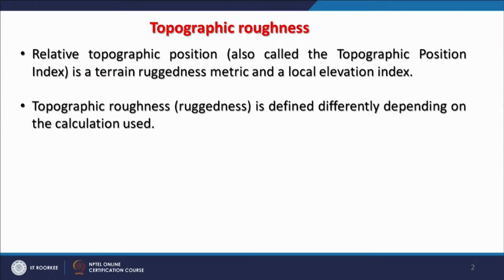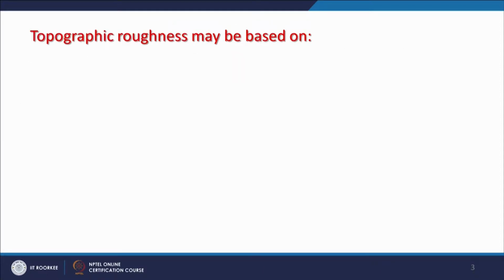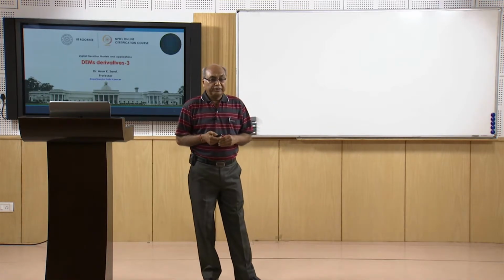Topographic roughness, or ruggedness, is defined differently depending on the calculation used, and the main point here is the scale at which we determine the topographic position index. So TPI will depend on scale, which we will also discuss in detail.